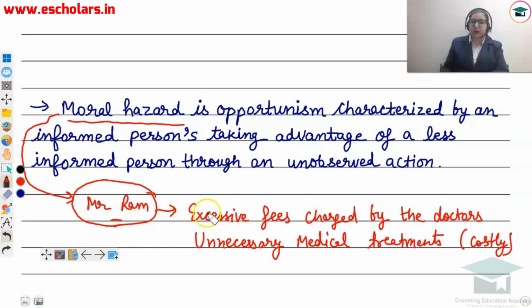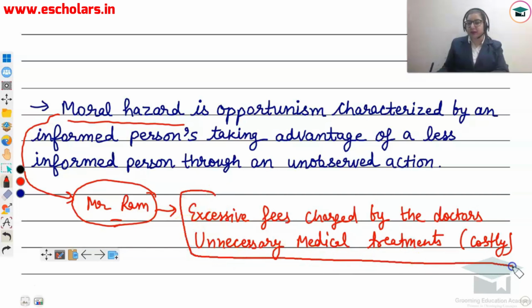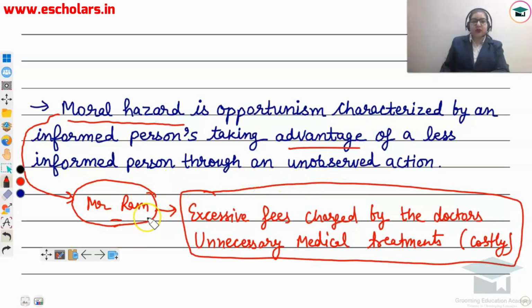It is because the overall cost of the medical treatment of Mr. Ram will be borne by the insurance company now. So here Mr. Ram is taking advantage of the insurance company, which is not able to observe the actions of Mr. Ram, right? So it is because of the unobserved action, or you can say the less informed person.